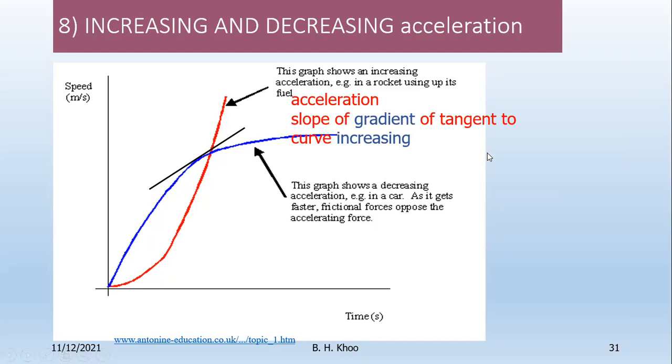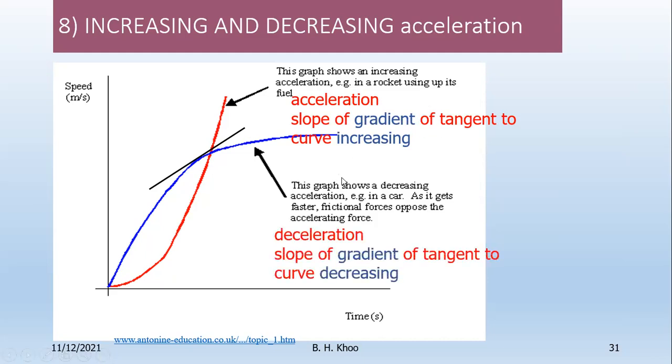Whereas for the blue one, the slope gets smaller and smaller until it is zero, with no acceleration there. The gradient is decreasing, so we call it deceleration.